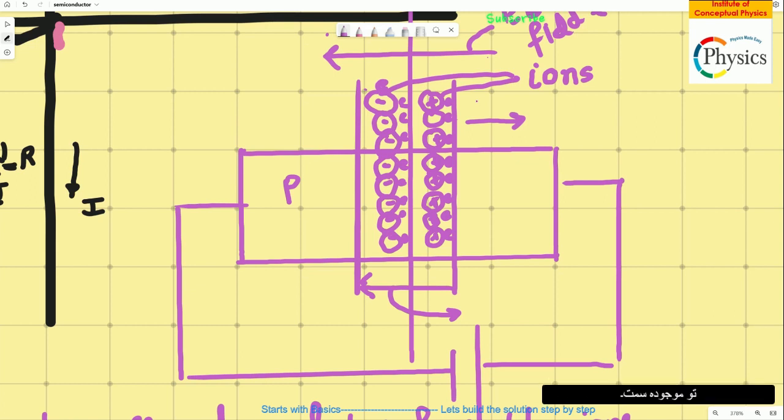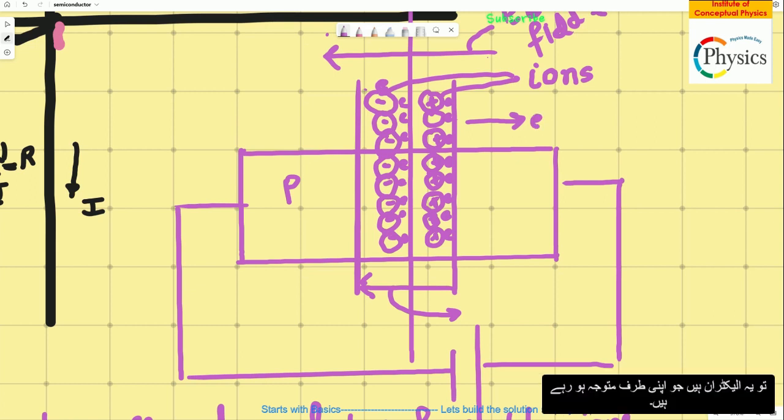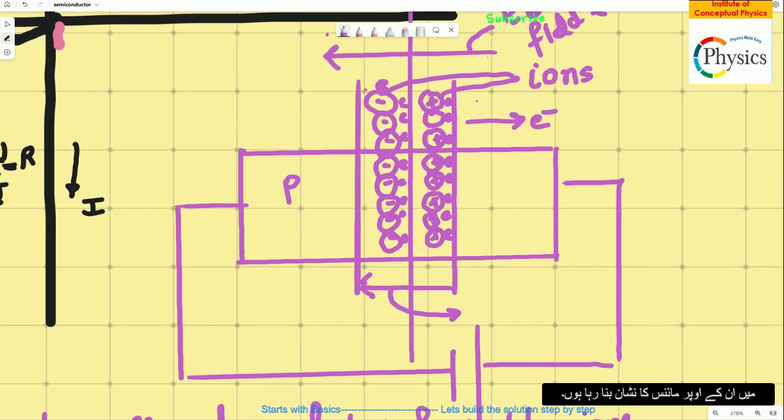So these are the electrons which are getting attracted. I'm drawing a minus sign on top of them. I don't need to, but the direction of the current is this, which is the direction of the drift current also, right? So the minority charge leakage current is in this direction, and now it has got an additional partner, which is a strong rush of electrons coming in and helping it out.